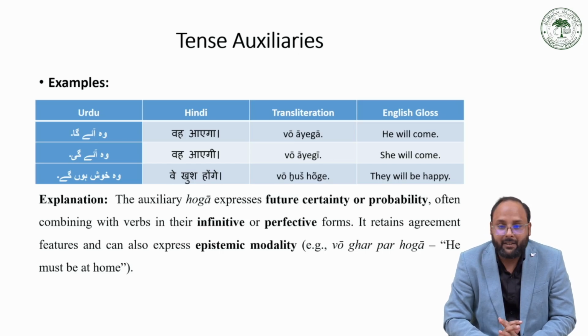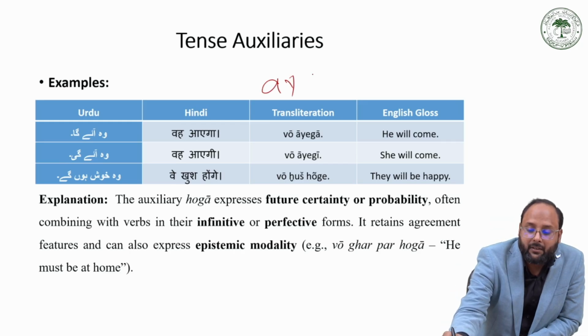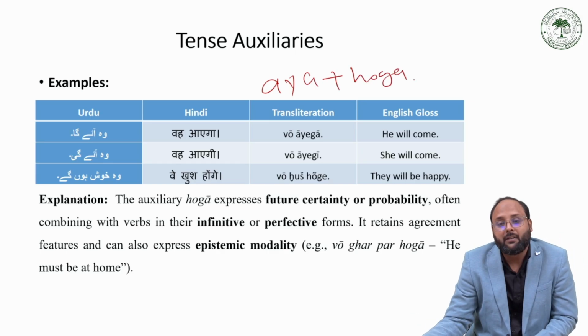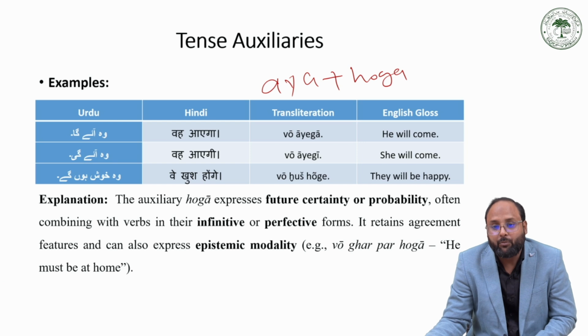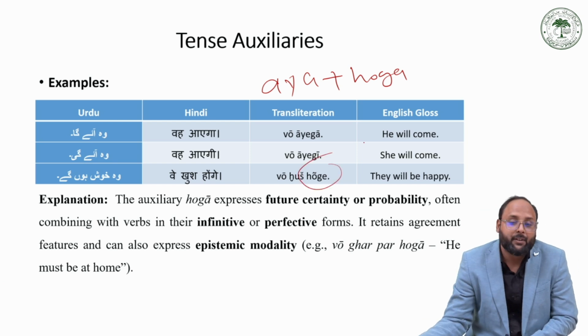So that is ga, gi, and ge. When we are adding आया plus होगा, it becomes आएगा. वो आएगी and वो खुश होंगे. So we are using होंगे here. That is the adjectival predicate.